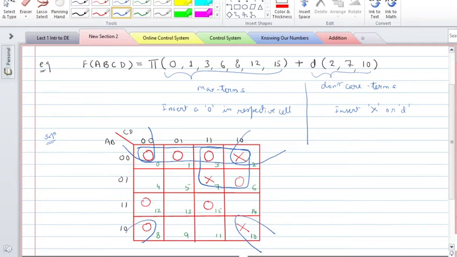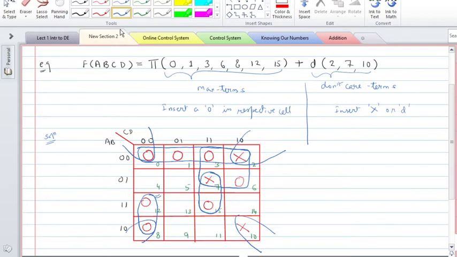And the fourth is a group of two cells for this particular 0, which can form a group of two cells with the help of this don't care.